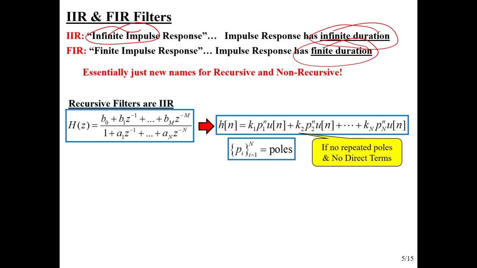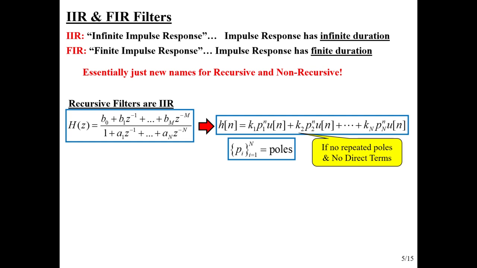So like I said, essentially, and there are a few special cases, but if I have a recursive filter with a transfer function that looks like that, we don't need in this course to go through all the details of doing the partial fraction expansion and looking up terms on Z-transform tables and so forth.